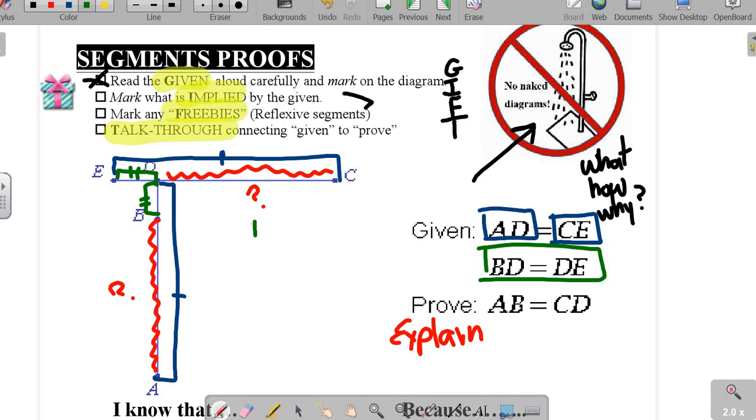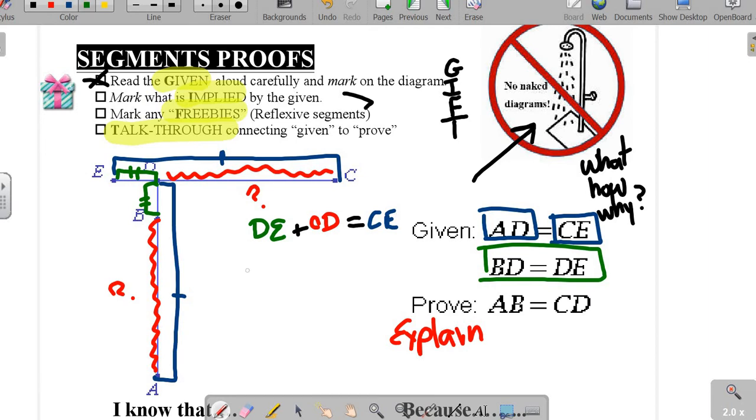We know this distance, D to E, plus the distance C to D equals the distance C to E. In other words, red plus green equals blue. That's implied. That's called segment addition.